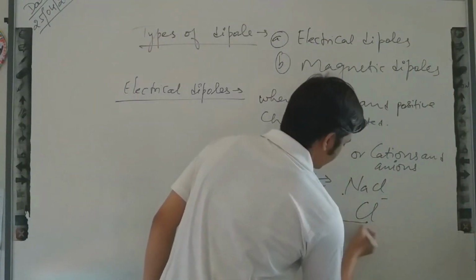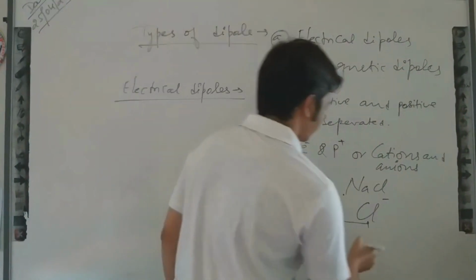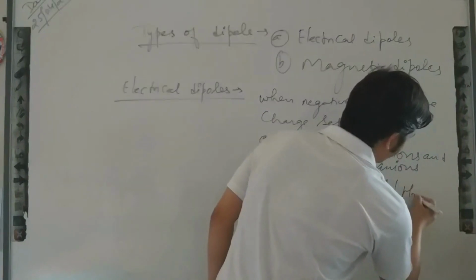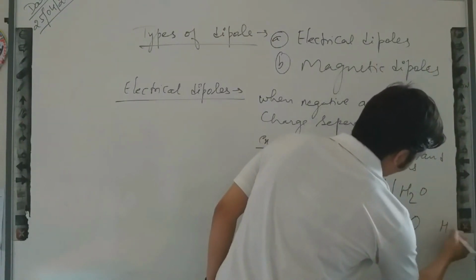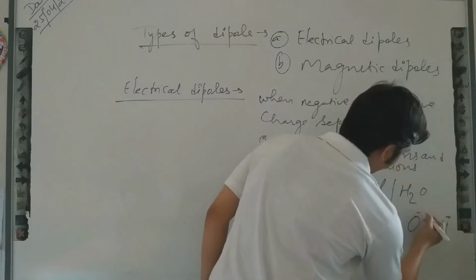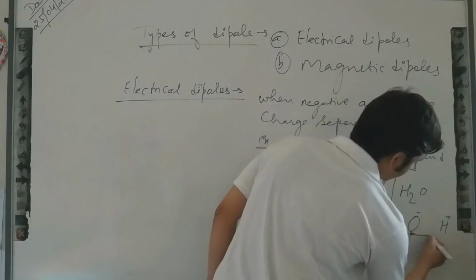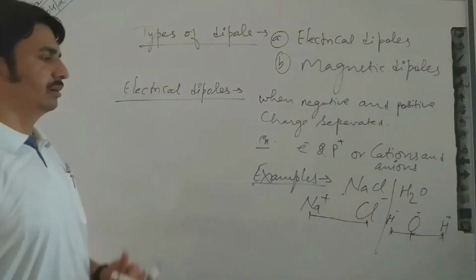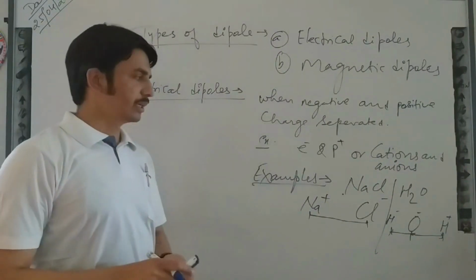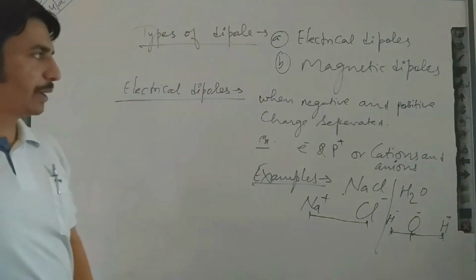In H2O, H has positive charge, O has negative charge, and the other H has positive charge, and these are kept at some distance. So NaCl and H2O behave like electrical dipoles.